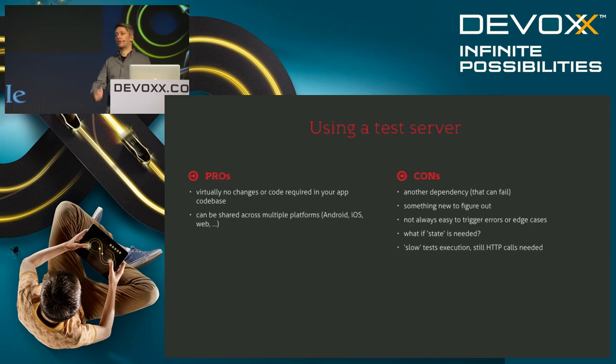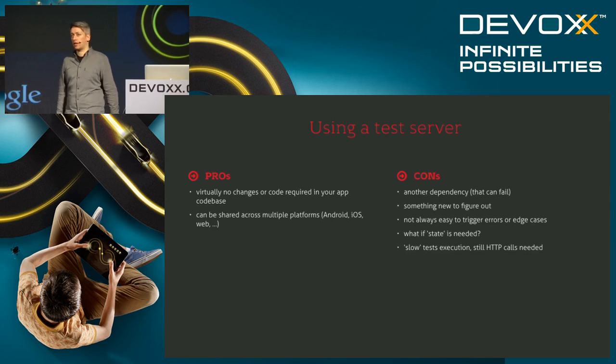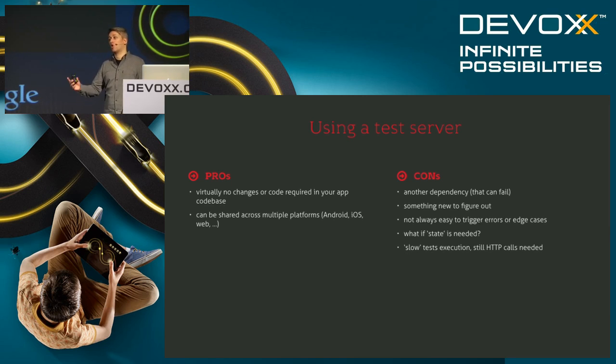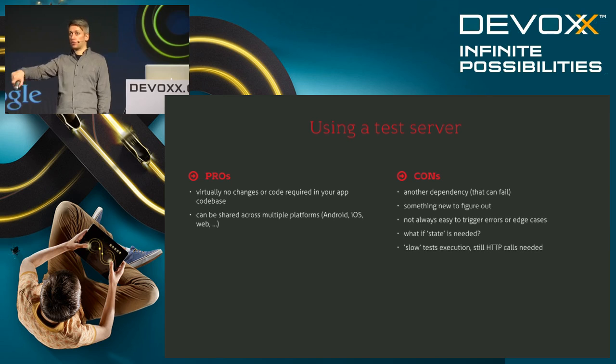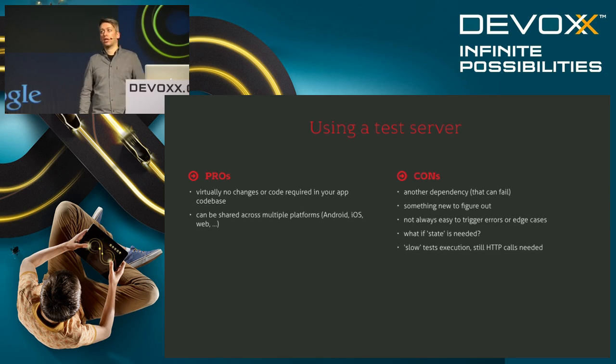And also a very good trait of using a test server is that you can start sharing it with other teammates. For instance, I'm now working on a project where we're working on Android clients, iOS clients, and a mobile website. We have a certain test server, and we can quite easily hit it with the three teams. So that's quite nice. One of the teams did the effort, but there are three teams that can work with this test server.